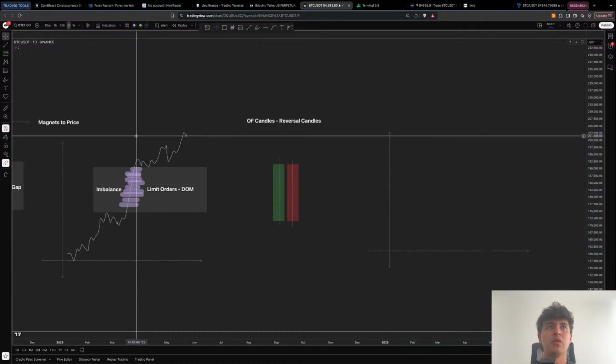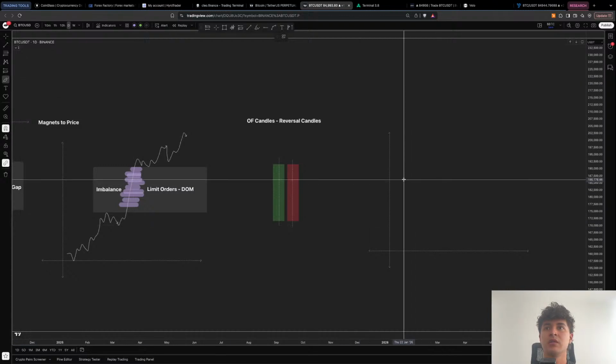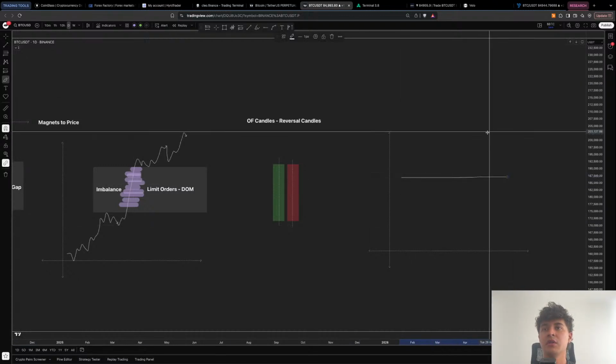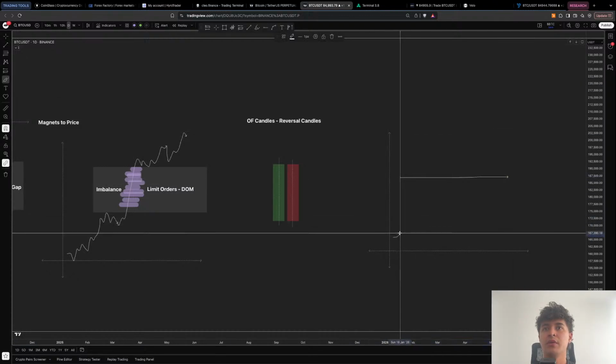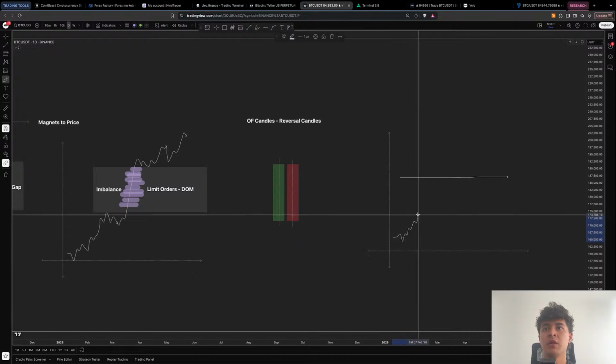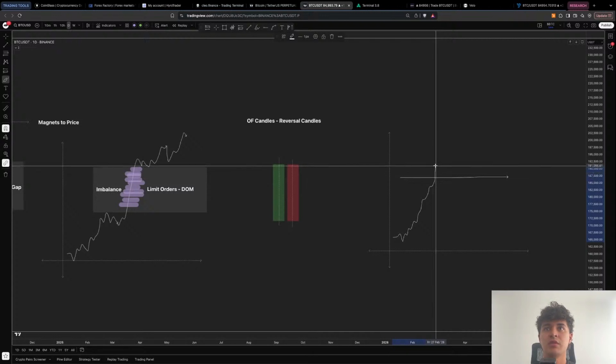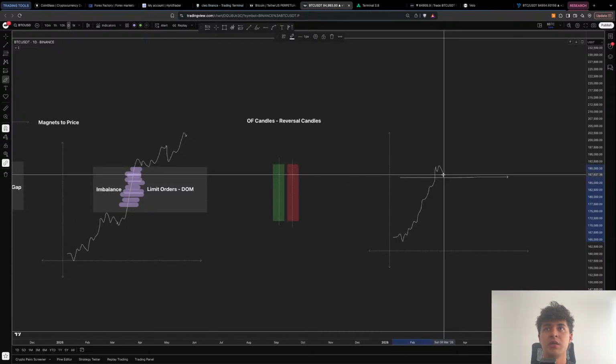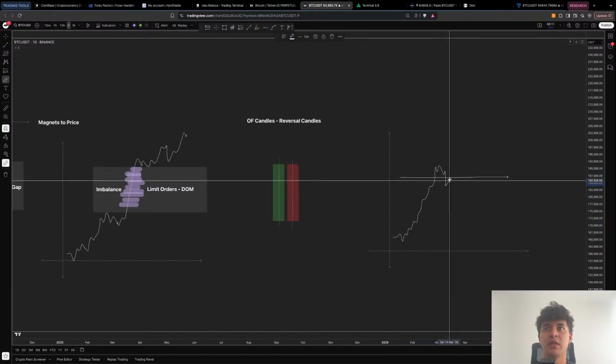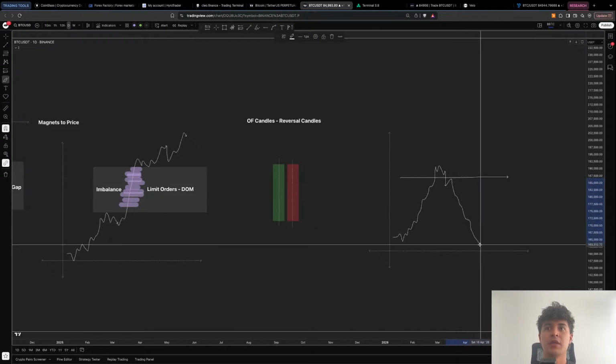All right, what you want to see in price is essentially the following. Let's say here you have a resistance level. Price opens here, rumbles a little bit over there, starts going up, possibly leaving a lot of imbalances as well. Then it goes up into the resistance, possibly creates a reversal pattern, and then the next candle starts going down again.